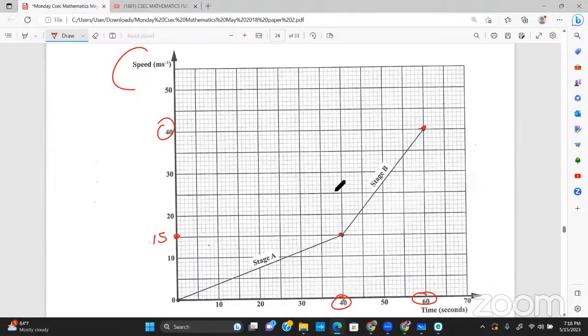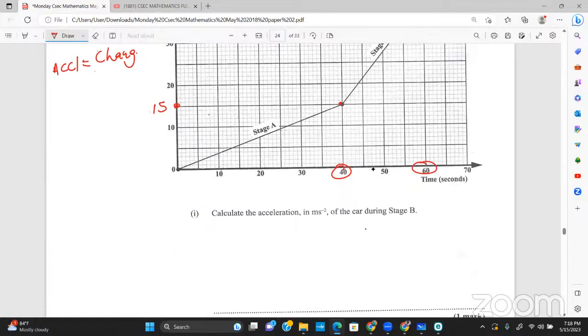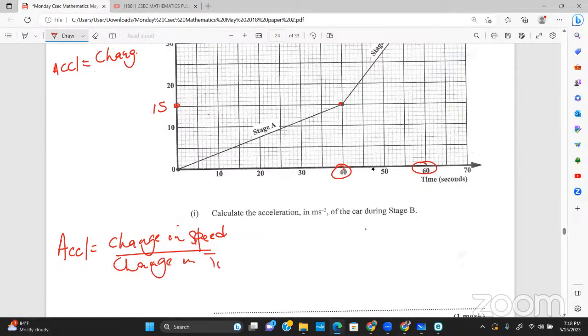So I want to make note that acceleration is change in velocity or speed over the change in the time.